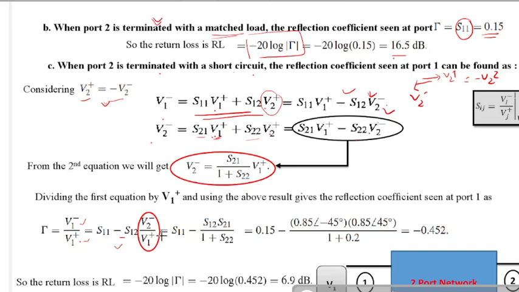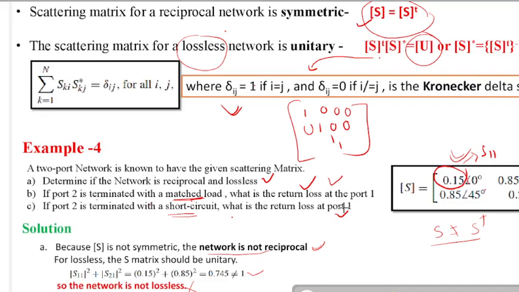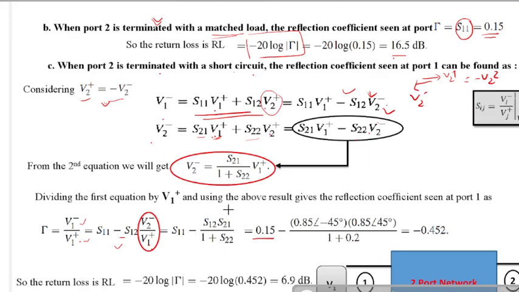All the values are known now, given in the S matrix of all the S parameters. Just putting in the values, we can get V1 minus divided by V1 plus. That means you are giving input at port 1, and we get output at port 2 if the port is short circuited.